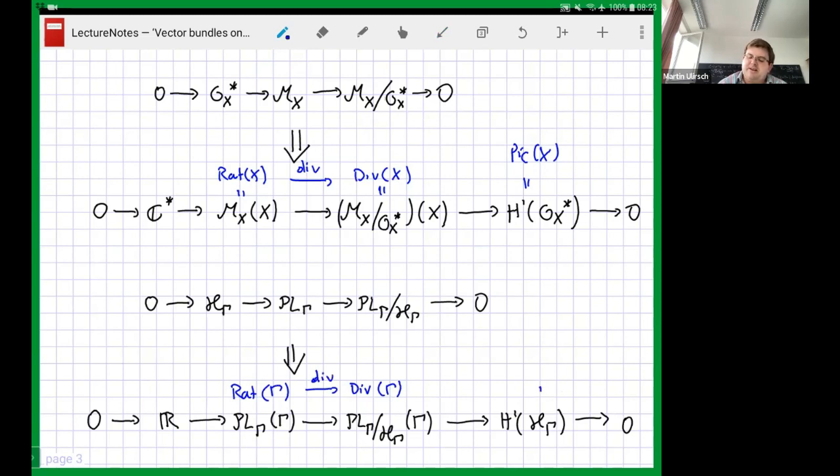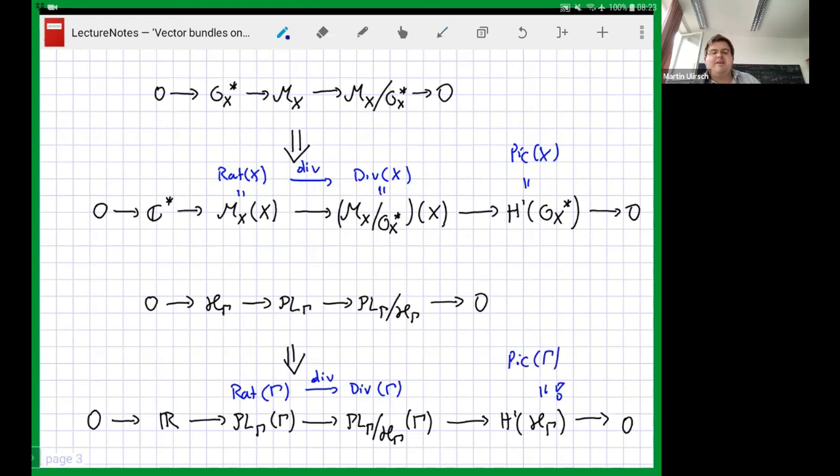And by the same reasoning, we can conclude that H1 of H gamma, namely the set of torsors over the harmonic sheaf of harmonic functions, is in fact the same thing as the Picard group of gamma.